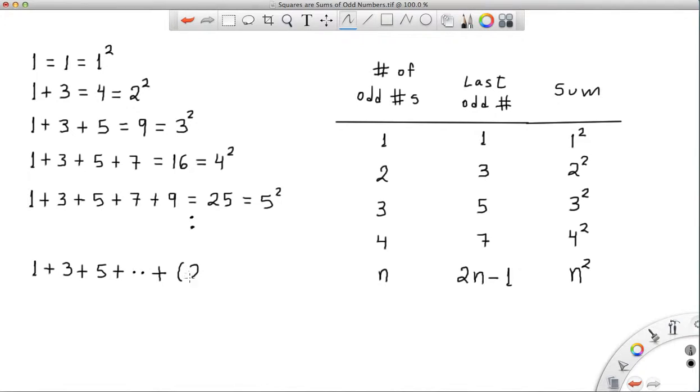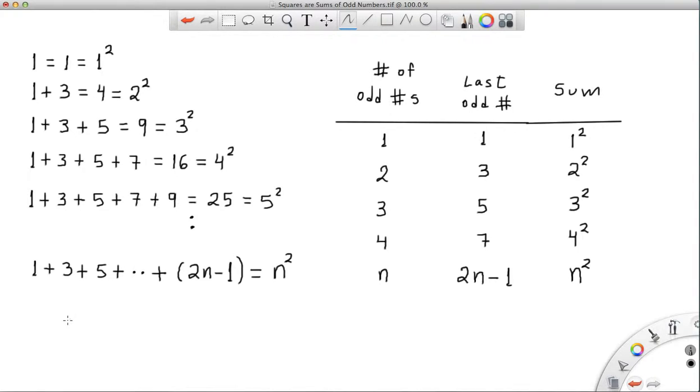In this case it is going to be 2 times n minus 1, and the result of that sum is the square of n. So this is one way of writing this result, with this notation.